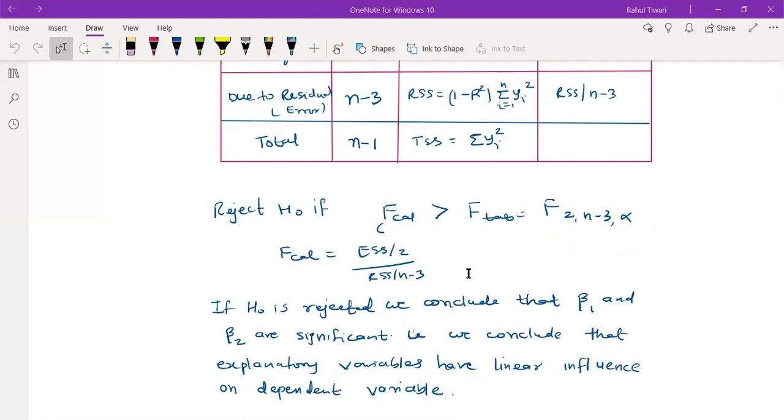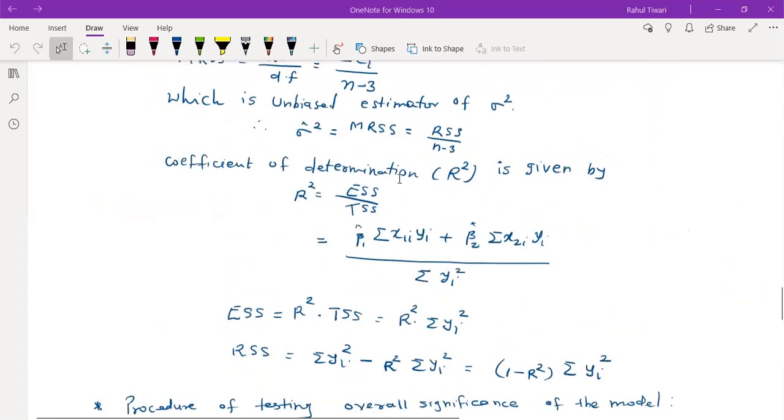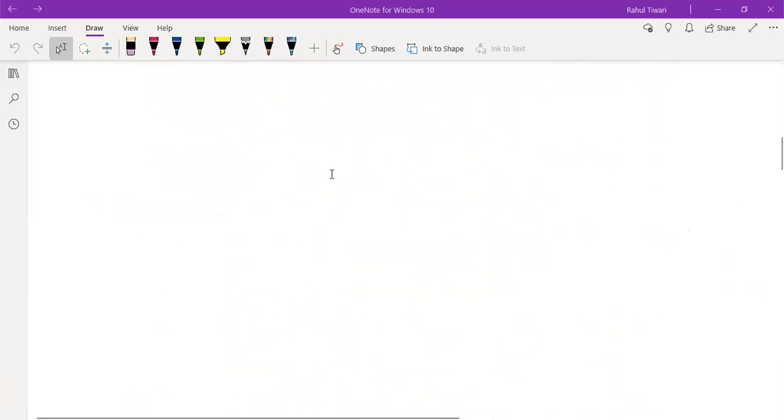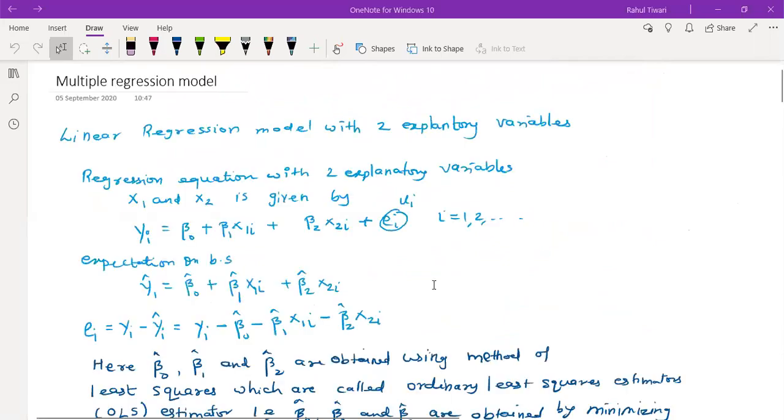So if instead of one variable x1, I have x2, let me tell you what I'm going to do in the next class. Incremental variable means if I increase the number of variables, instead of beta 1 x1, beta 2 x2, and again some betas, or maybe x2, x3 and so on.